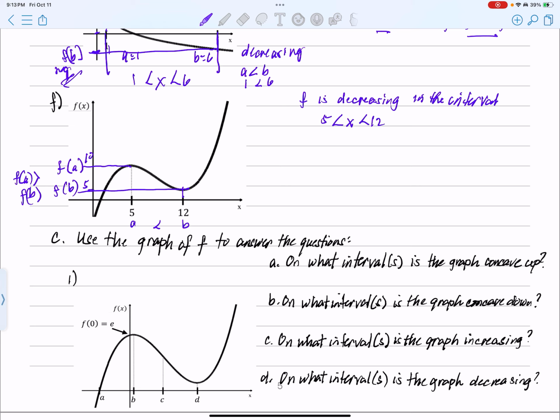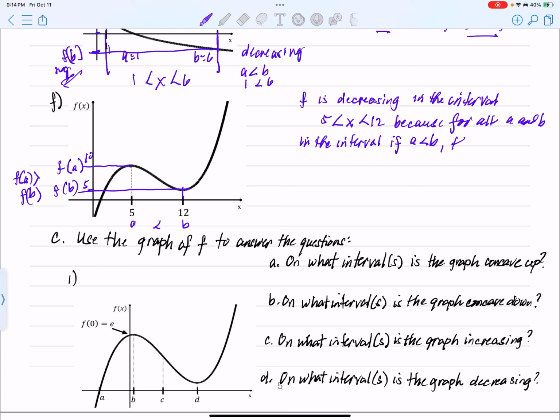Okay, that's your interval. So this is your statement: for all A and B in the interval, I forgot. All right, in the interval, what is our A? A is less than B. 5 is less than 12, right?